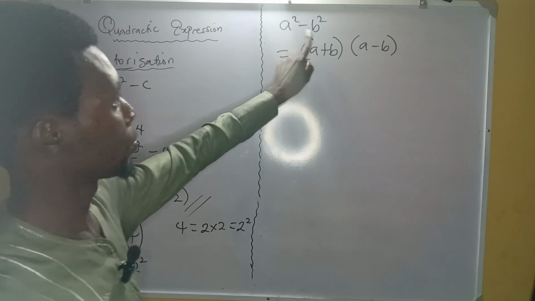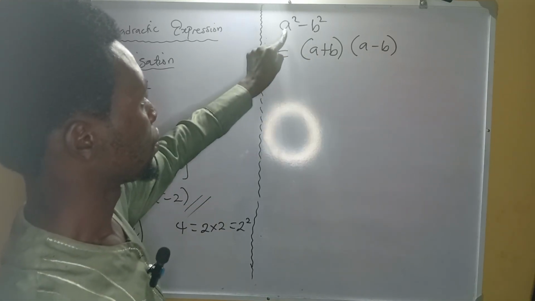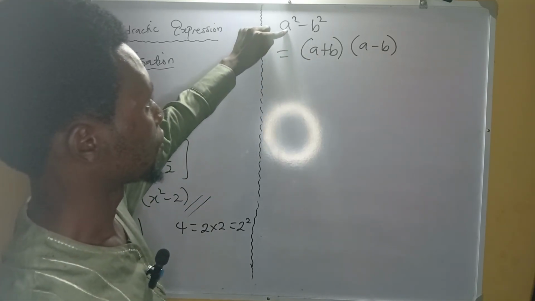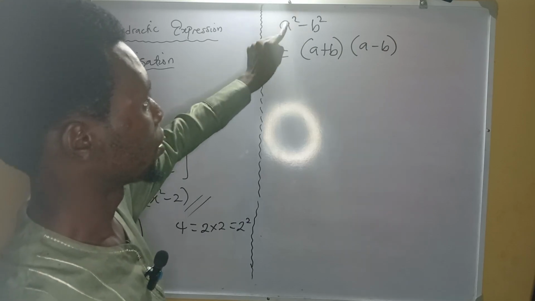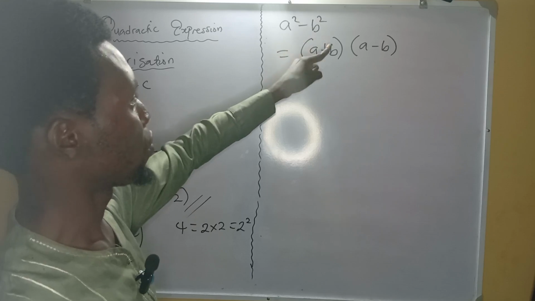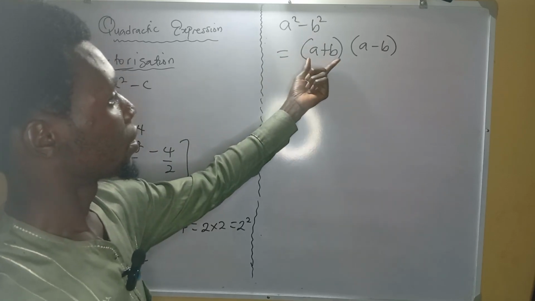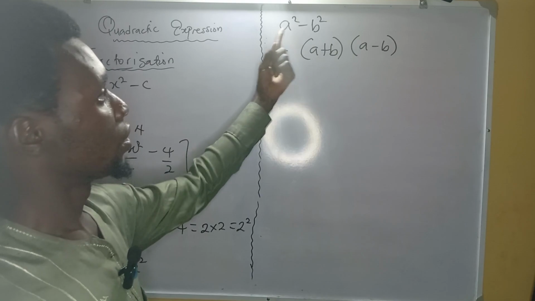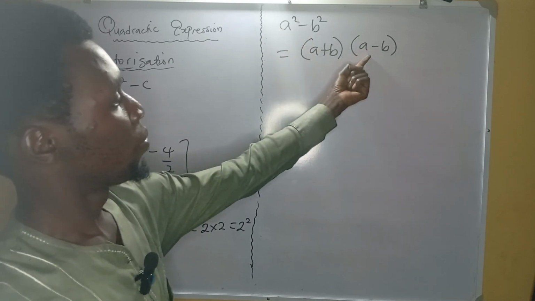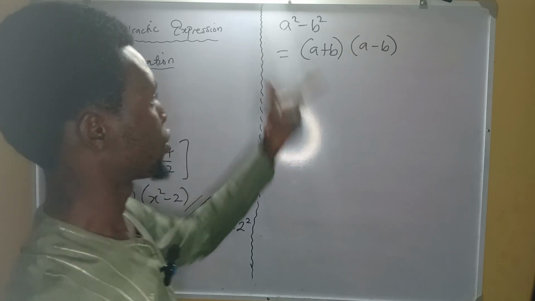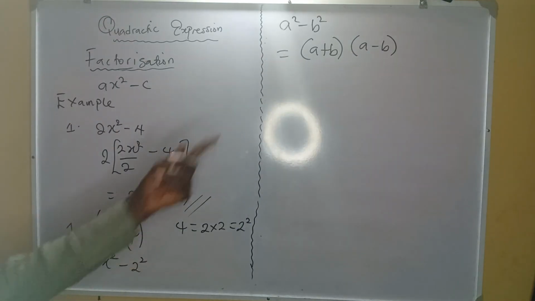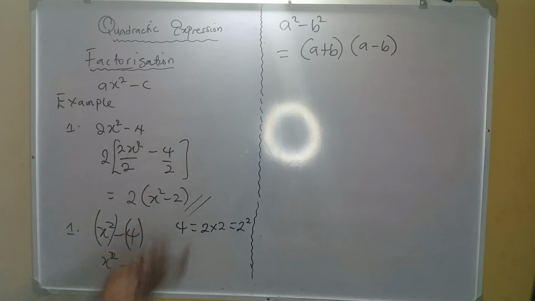This is a square, this is a square, and you are asked for the difference of two squares. So you find the sum of the bases and then multiply by the difference of the bases. You get the factors of that expression.